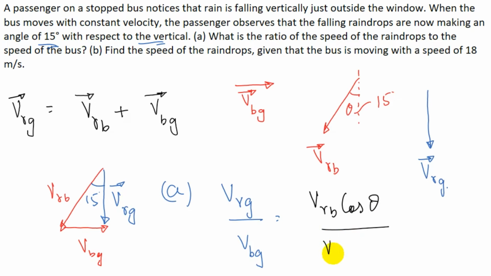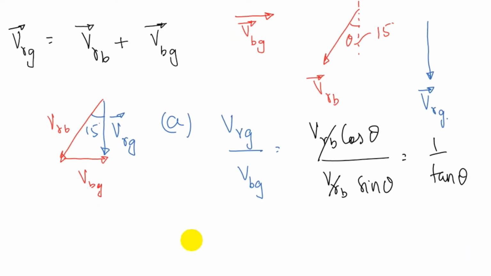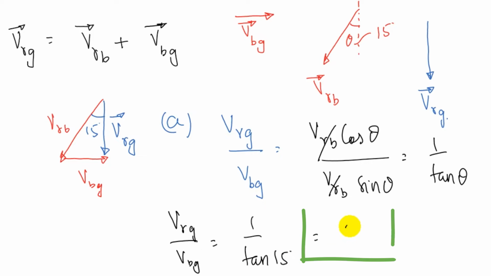And from here, VRB and VRB will cancel and we'll get VRG over VBG equals 1 over tangent theta. Theta is 15 degrees, so that will be equal to 3.7. This will be the answer for the A part.